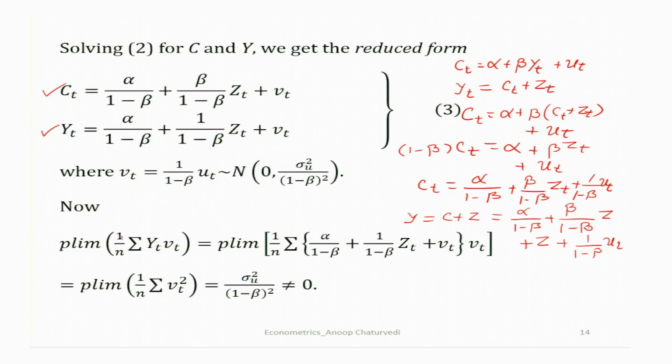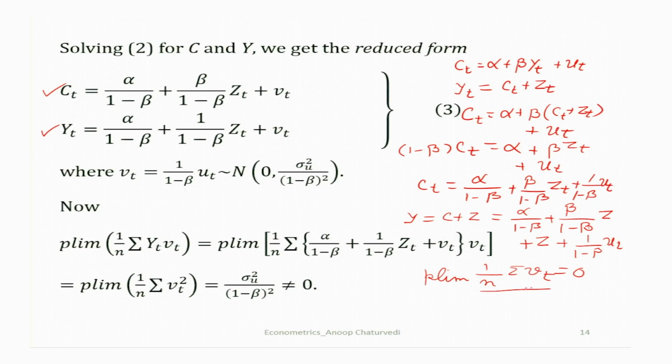Now, probability limit of 1 upon n summation y t v t is equal to probability limit of 1 upon n summation, you write y t equal to alpha upon 1 minus beta plus 1 upon 1 minus beta z t plus v t into v t. Then the probability limit of 1 upon n summation v t is 0, because v t's have expectation 0.